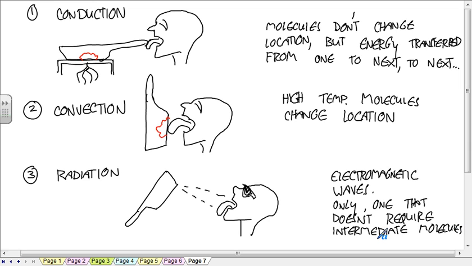Which means that electromagnetic waves, that radiation can travel through empty space. These other two can't. And so without radiation, no energy would get to Earth from the sun, and there wouldn't be any life.